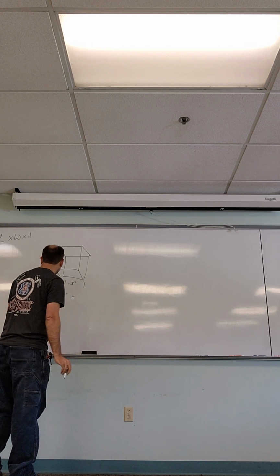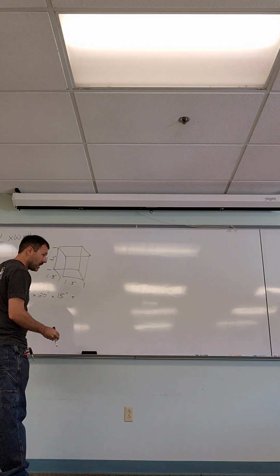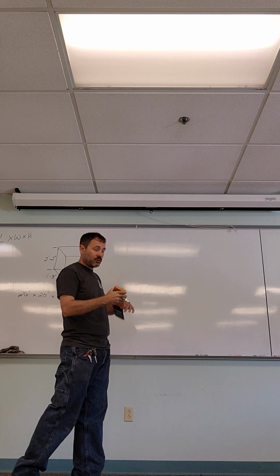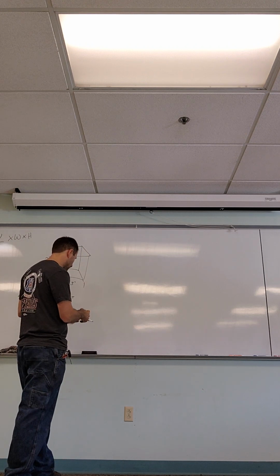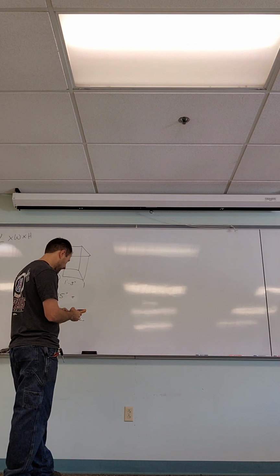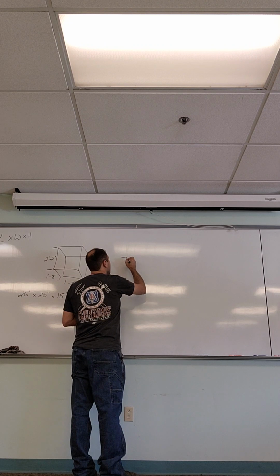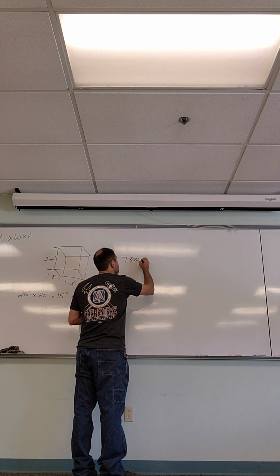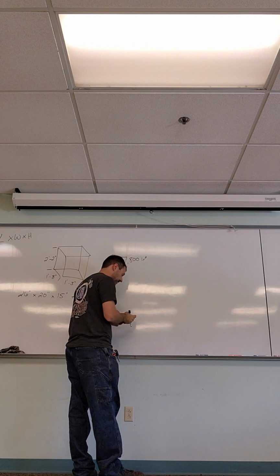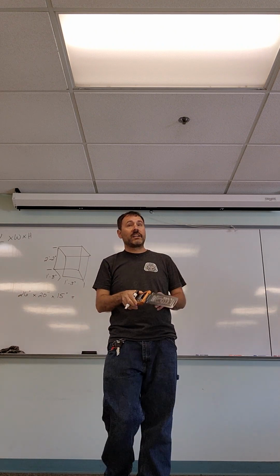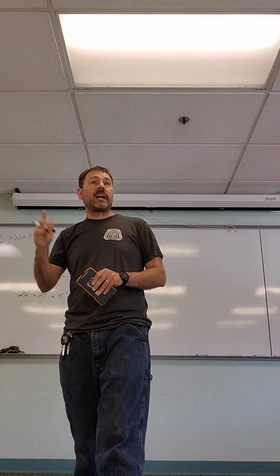So now we can go ahead and do our math. You can just plug all those in. Again, you don't have to put it in as inches. You can just plug those numbers in. So you've got 26 times 20 times 15 is going to give you 7,800 cubic inches. Now, if you remember, like I just told you, our 490 works with what?